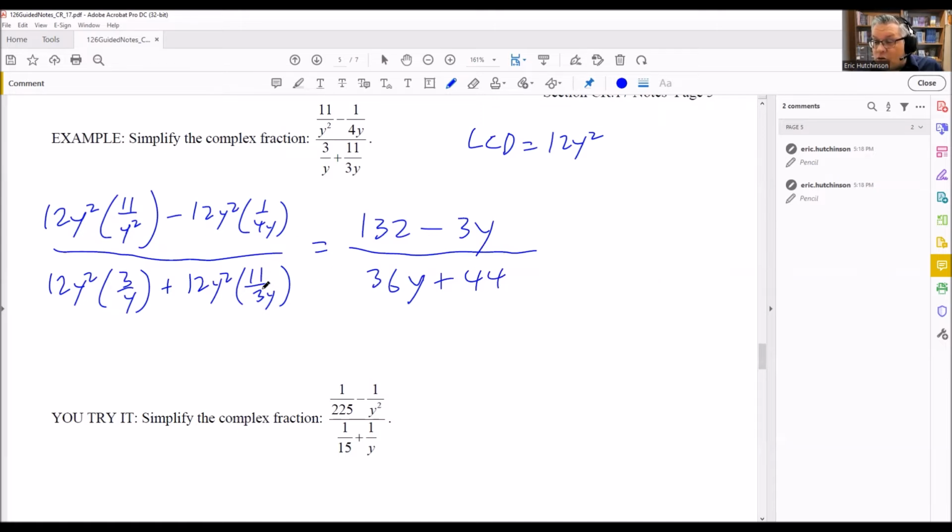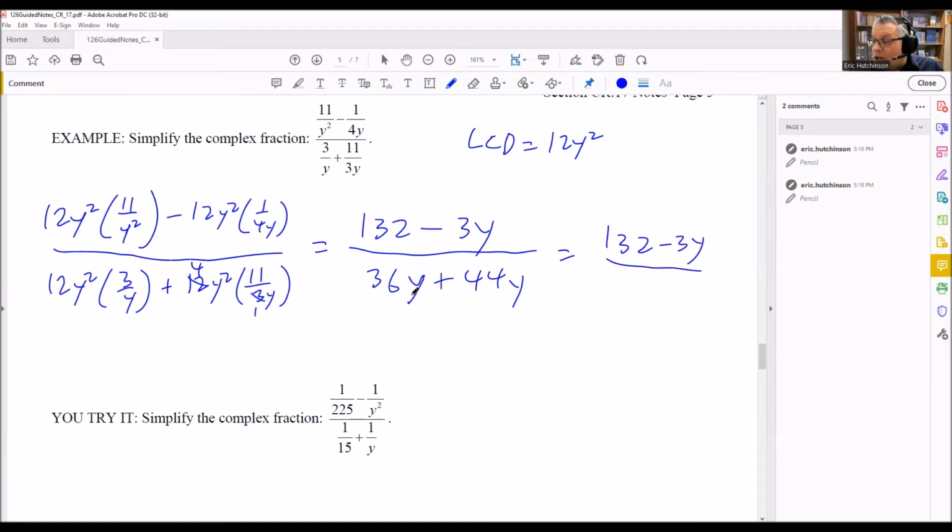So again, what I did there was 3 divided by itself is 1. 12 divided by 3 is 4. So then I can just do 4 times 11 to get 44. And then don't forget we need a y there as well because of the y squared and over the y that we see there.